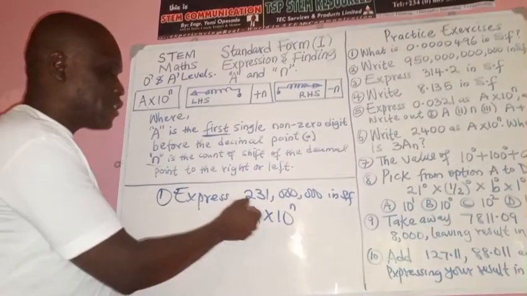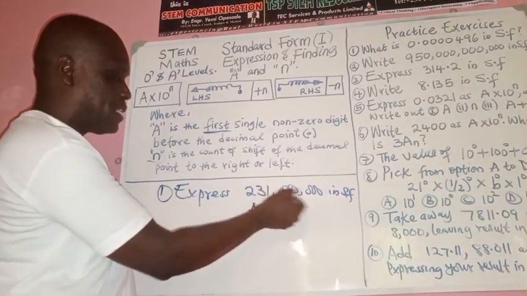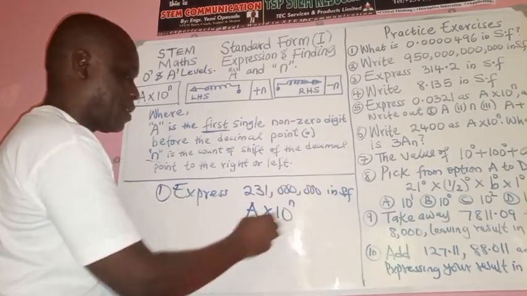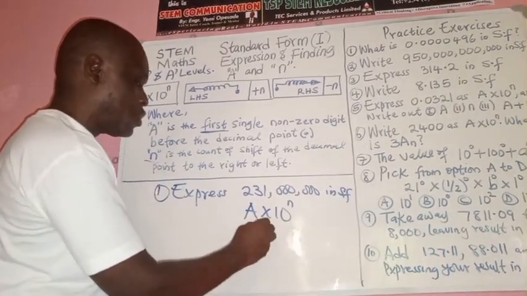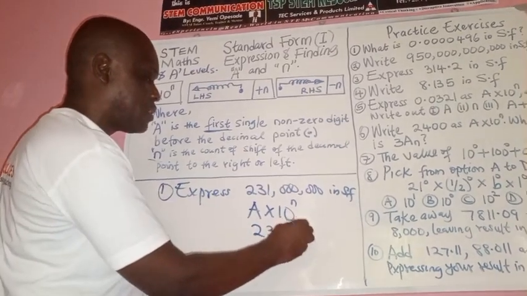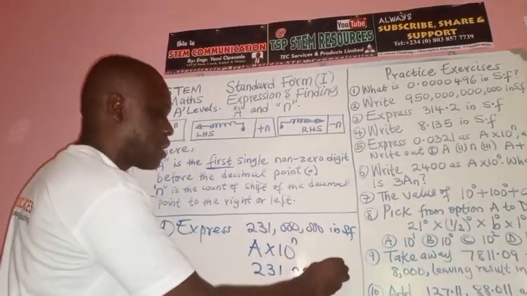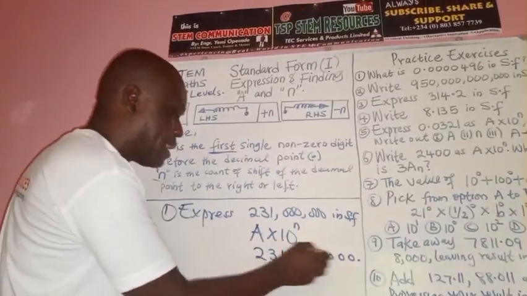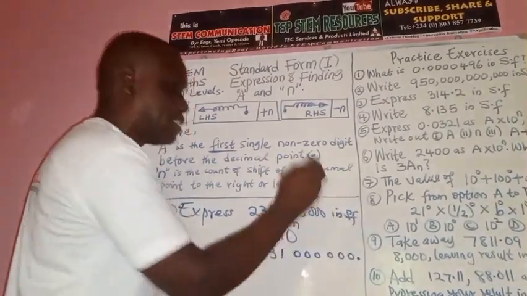Now, if you look at this number, there's no decimal point in between the digits or zeros. It means that the decimal point is at the back here. It means that the number is 231,000,000 point. Since the point does not appear anywhere here, then that means it is the full stop. That is the point. Is that clear?